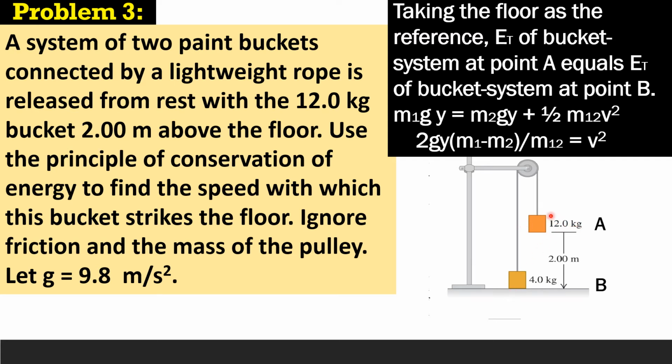It says that at point A, which is 2 meters above the floor, the total energy of the bucket system must be equal to the total energy of the bucket system when the 12 kilogram is about to hit the floor at point B. That is expressed in terms of this equation.